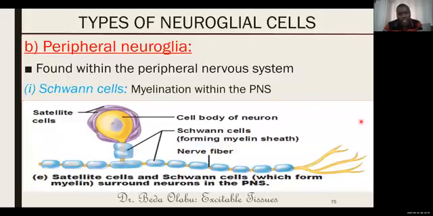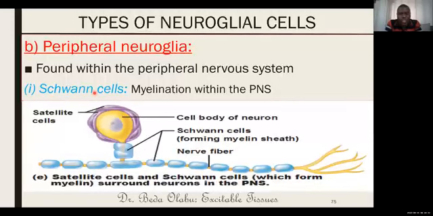Schwann cells are like oligodendrocytes in terms of function, in that now they form myelin sheath within the peripheral nervous system. Remember, oligodendrocytes form the sheath within the central nervous system. These ones form myelin sheath within the peripheral nervous system.